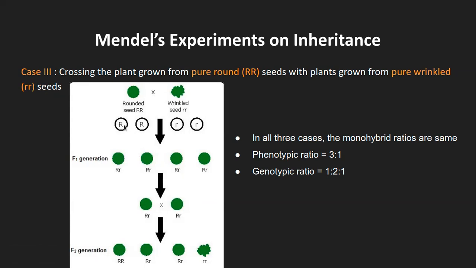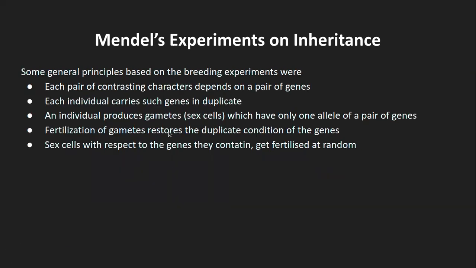That is, if let's say this was 23 plus R, and this was 23 plus small r, they will form 46 plus capital R small r, which was the original condition in terms of number of chromosomes with the parent generation. Forget the allele, but at least the number of chromosomes is the same. Alleles can be different. The point is to restore the number of chromosomes or the duplicate condition of the genes.